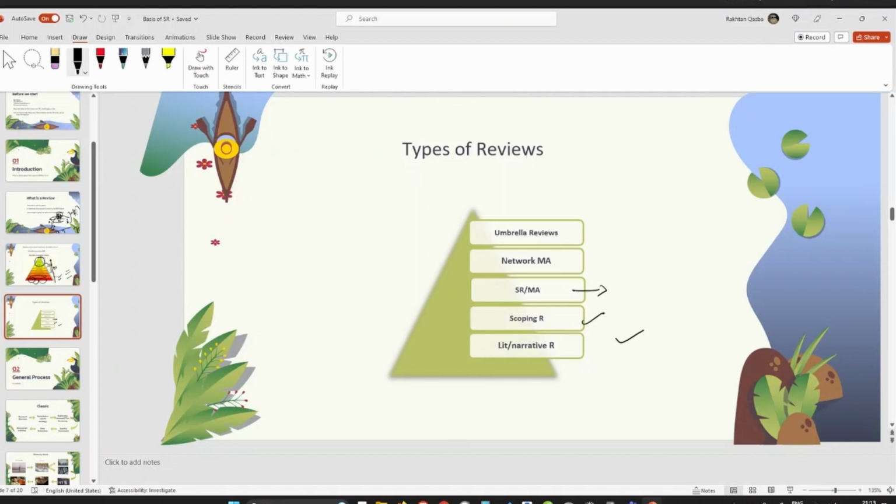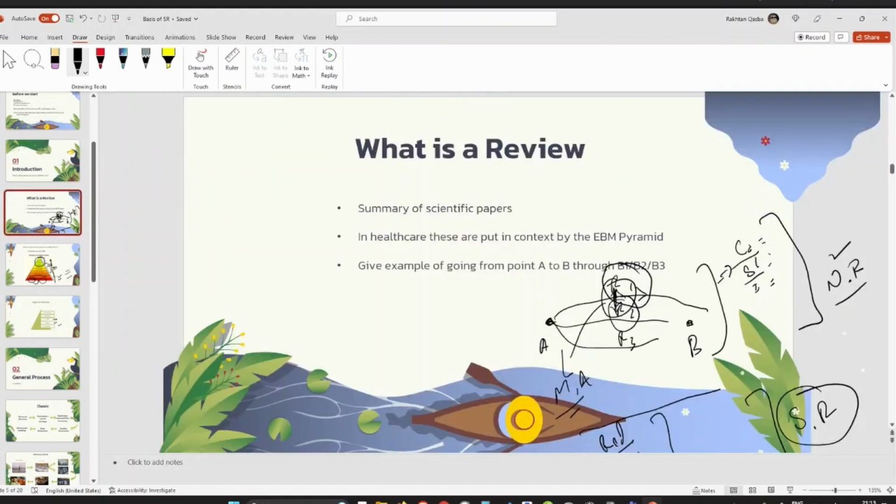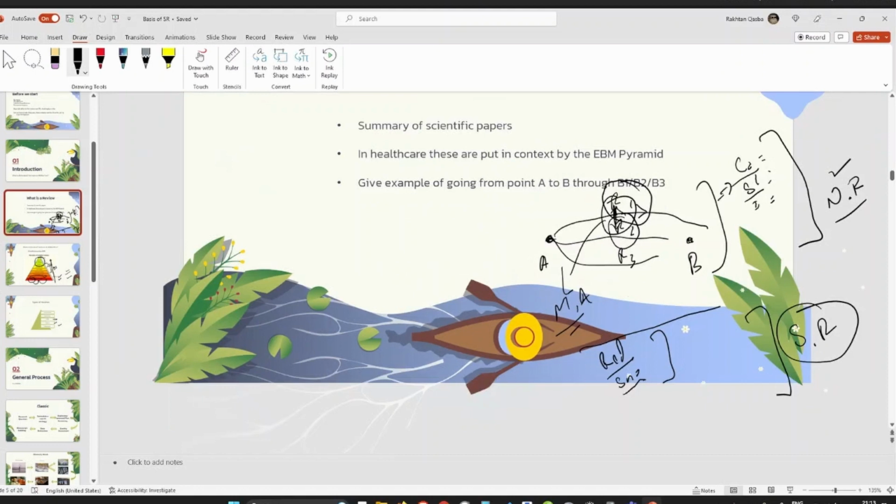For example, we want to go from step A to step B to step C. We will use criteria: he has to wear this, he has to do this, he has to do this. That will be a systematic way of doing something.